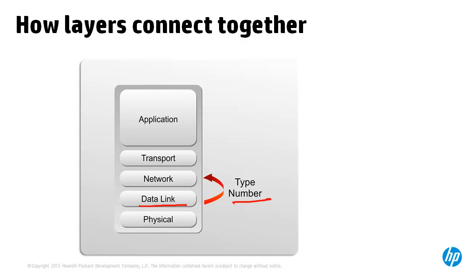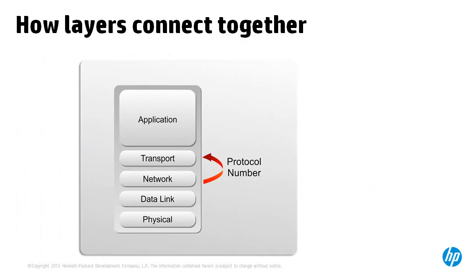So the type field will inform the device if IP version 4 is being used or if IP version 6 is being used, or some other protocol such as IPX. So the type field informs the device which process is being used at higher layers, IPv4 or IPv6.